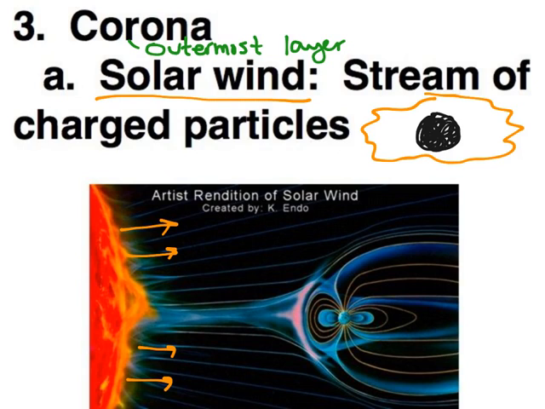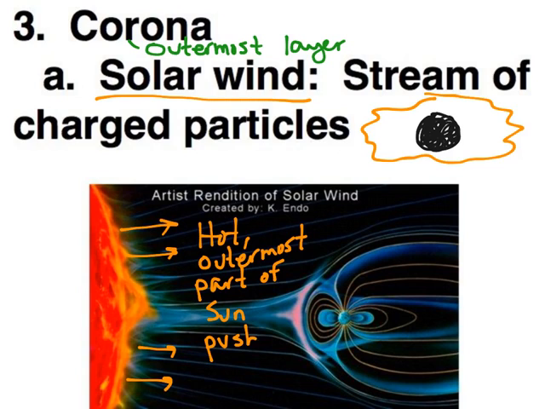And it has to do with the fact that the sun is so hot. And so the outermost part of the sun basically evaporates, isn't really the right word, but it's constantly being pushed away. And so the illustration here is showing it does interact with our magnetic field. This is Earth's magnetic field here, and showing our magnetic field lines.